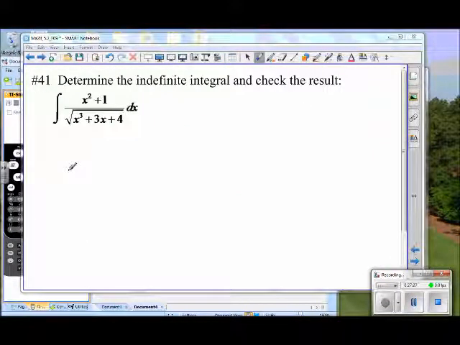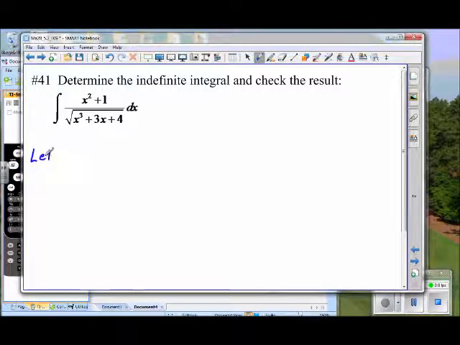Determine the indefinite integral, and again, do a check on this. Now, if you look at this, this is a true composite function again, and we have a quantity with the square root of that. If we are looking to decide what to let u represent, again, let u represent the inside function.